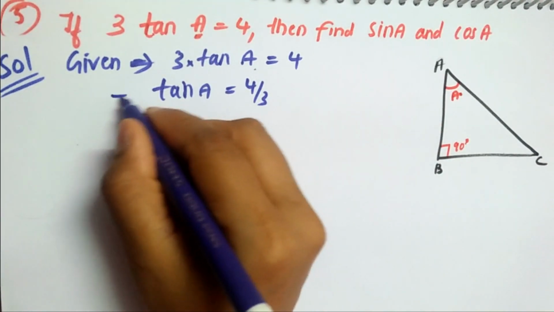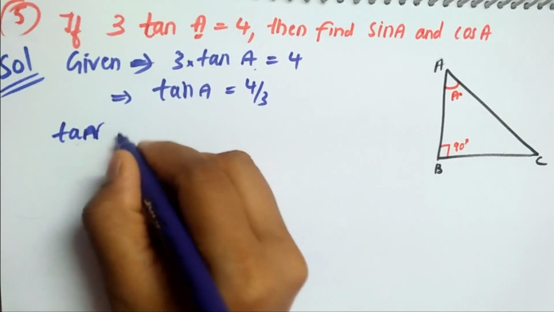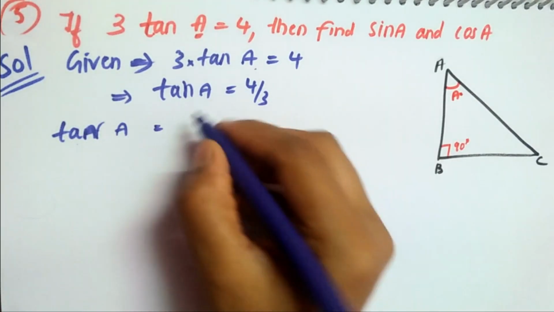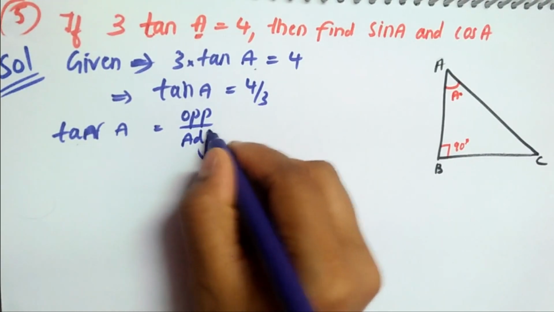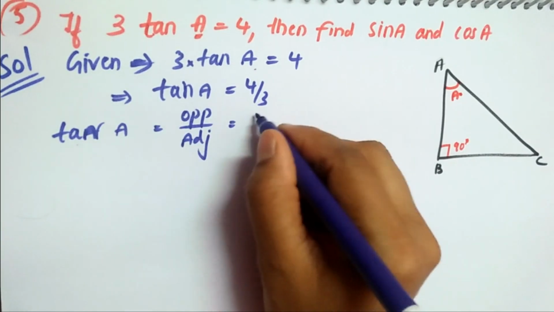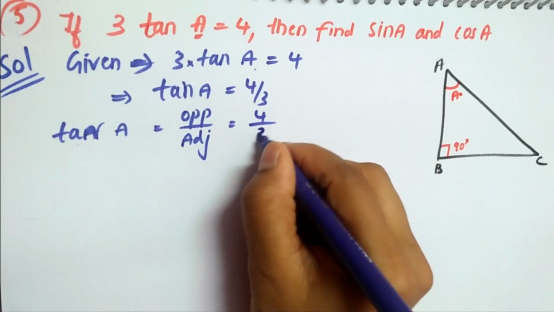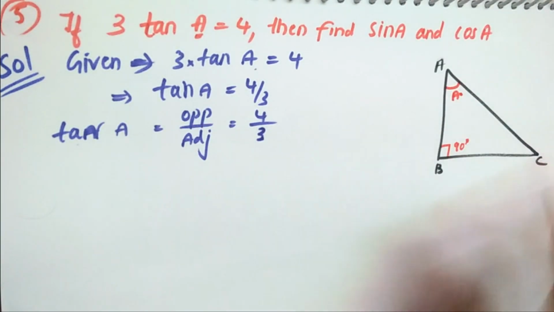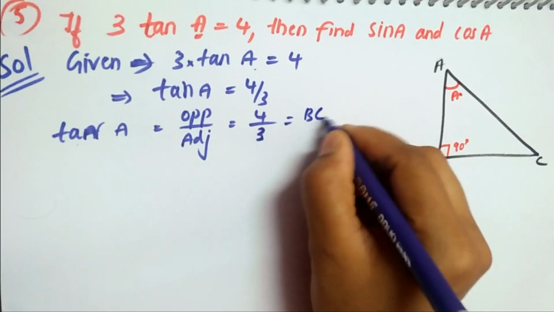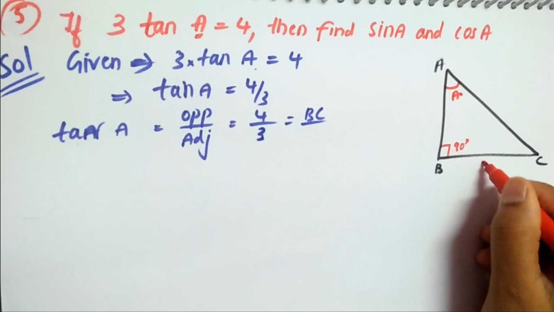What is the formula of tan A? Tan A is equal to opposite by adjacent, which is 4 by 3. So we can infer that the opposite of angle A, which is BC, is 4.